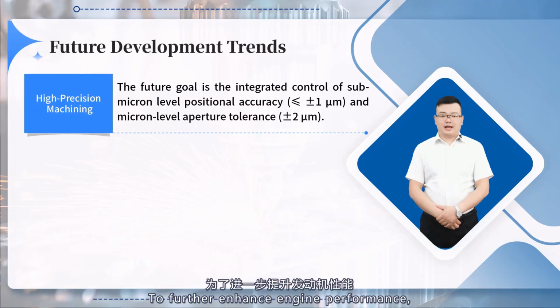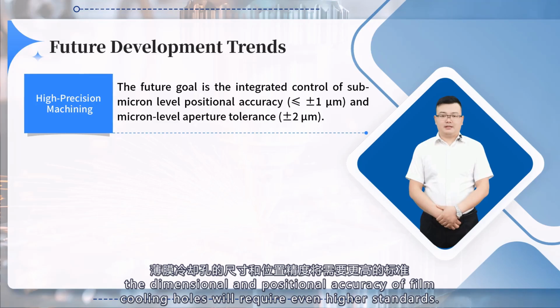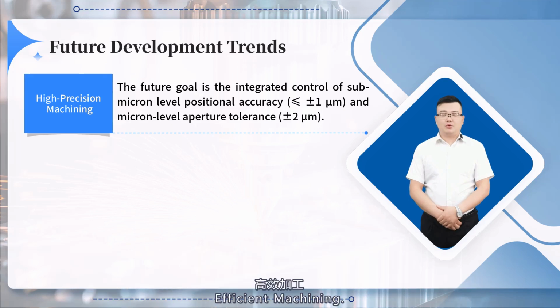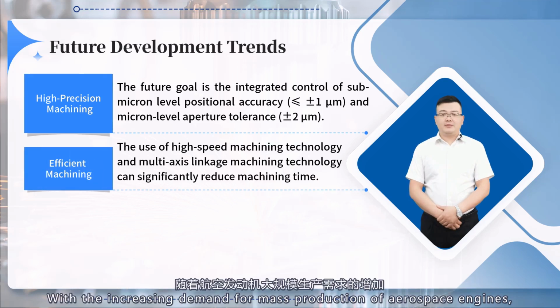To further enhance engine performance, the dimensional and positional accuracy of film cooling holes will require even higher standards. The future goal is integrated control with sub-micron positional accuracy of less than or equal to plus or minus 1 μm and micron-level diameter tolerance of plus or minus 2 μm.